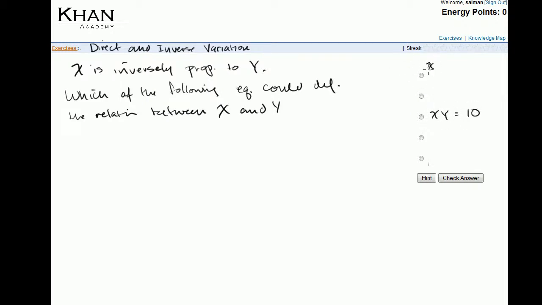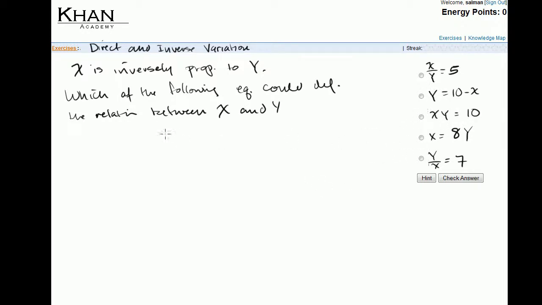Incorrect answers would be X over Y is equal to 5, maybe Y is equal to 10 minus X, maybe X is equal to 8Y, and then you could do Y over X is equal to 7, and obviously change up the answers. A correct answer here could also be X is equal to 10 over Y, or Y is equal to 10 over X. You could change the 10. I think you get the idea.